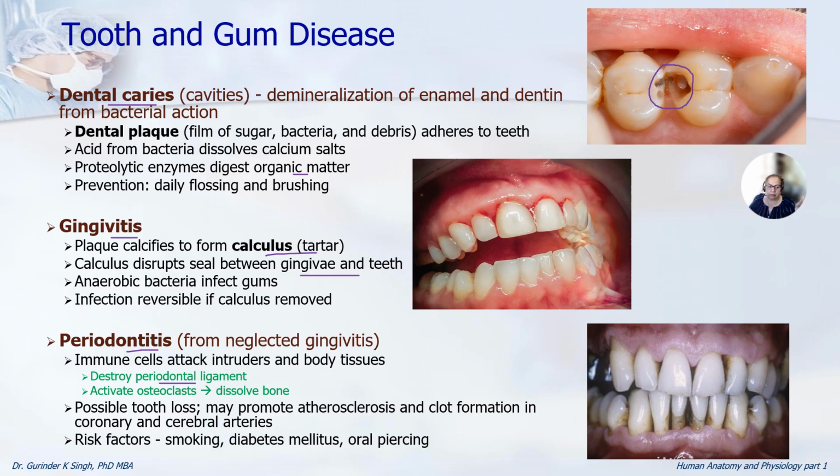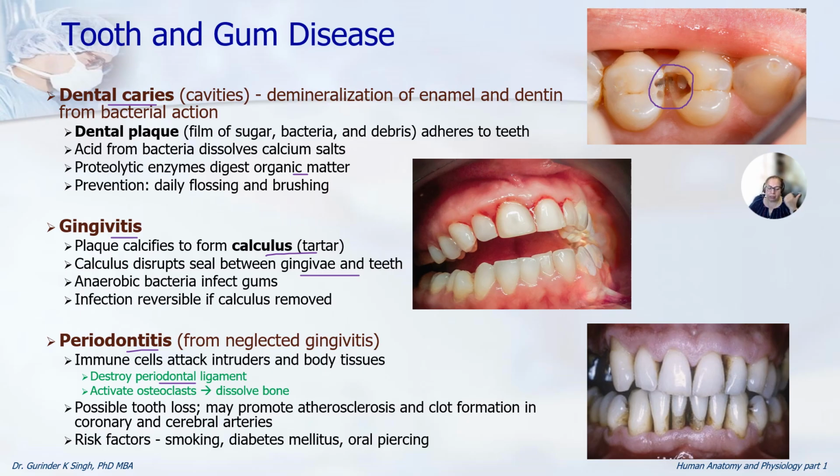So the end result of periodontitis is that you may lose your tooth. It can also initiate clot formation in your coronary arteries and cerebral arteries. So tooth health is going to affect your overall health also.